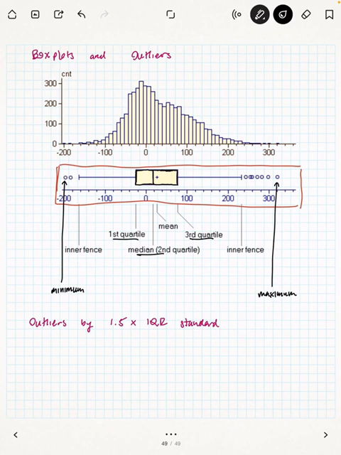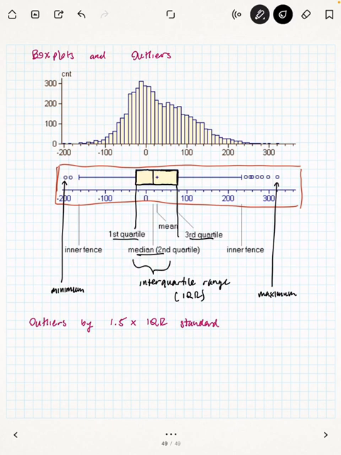The first line is located along the first quartile, and the third along the third. Okay, so the length of that box is called the interquartile range, or IQR. So the length of the box is the IQR.